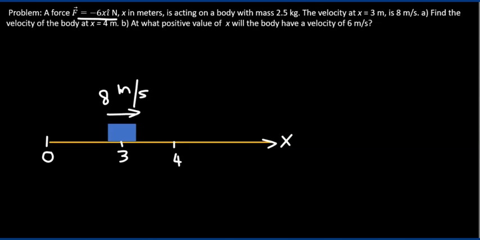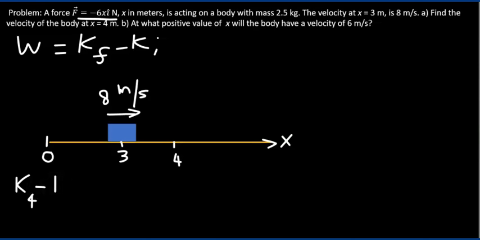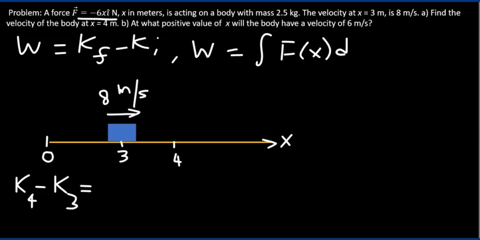So the work done equals the change in kinetic energy. This is the final point, and that is the initial point. So the kinetic energy at x equals 4, minus the kinetic energy at x equals 3, equals the work done by this variable force. Now, work done by this variable force is given by an integral, between the limits in this case, 3 to 4, as the object moves from 3 to 4.